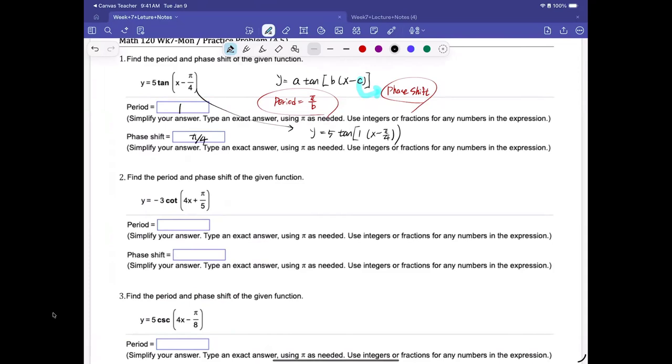And then same as cotangent. Factor 4 out, and then x plus what? 20. Because 20 divided by 4 is 5, right? So that's why this is 4, and that one is a negative. It's the opposite, right? Because the negative c is the phase shift, so it's going to be the opposite.